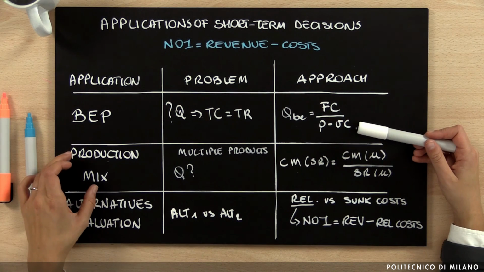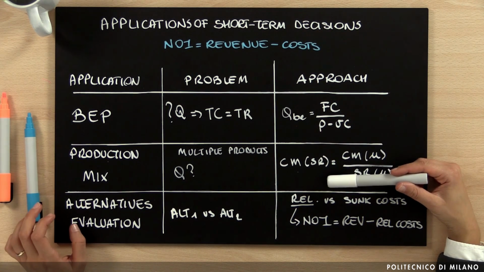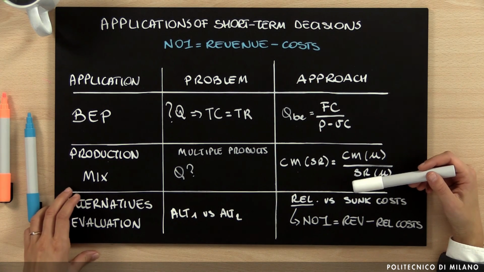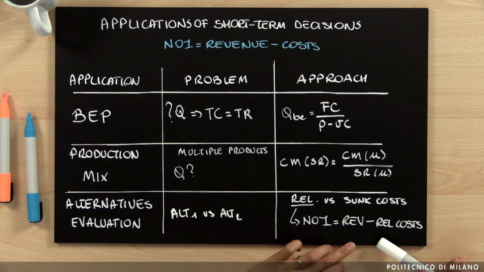If we are talking about a production mix, the approach is to identify the contribution margin per scarce resource, while in the moment in which we are evaluating alternatives, we can calculate the net operating income by considering only marginal revenues and then marginal costs. So by starting from the same formula, we can approach it in a different way depending on the specific problem.